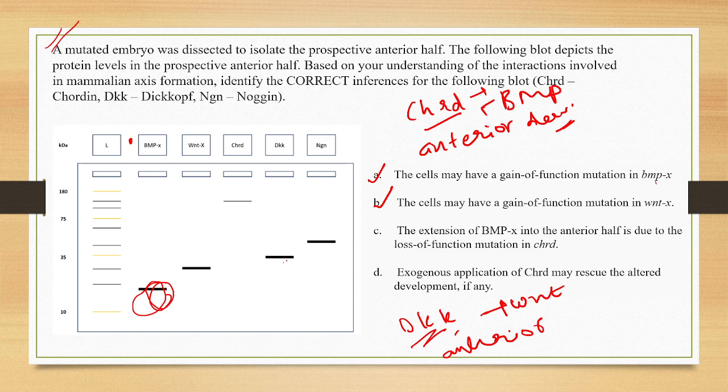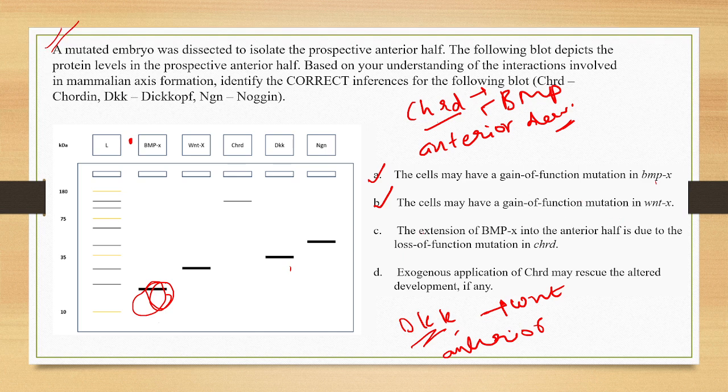That is why even though DKK is trying to inhibit it, it is not getting inhibited, because Wnt is very much higher than the required amount. Otherwise, if DKK is there, Wnt should be less. But since there is a gain of function mutation, now it is out of the control of DKK. So even if DKK is present, the protein band of Wnt is still very high because there has been a gain of function mutation in the Wnt pathway.